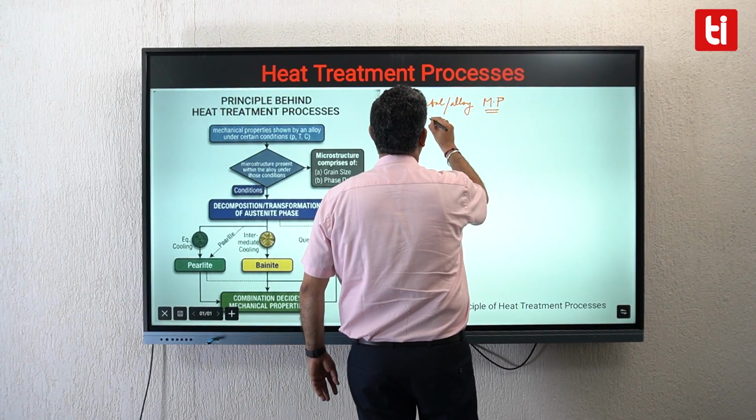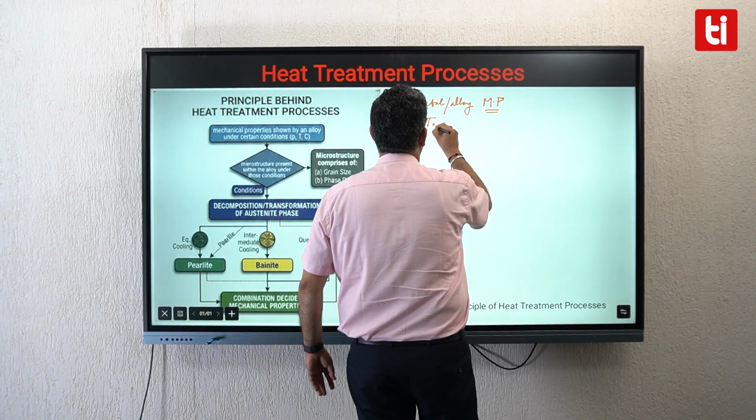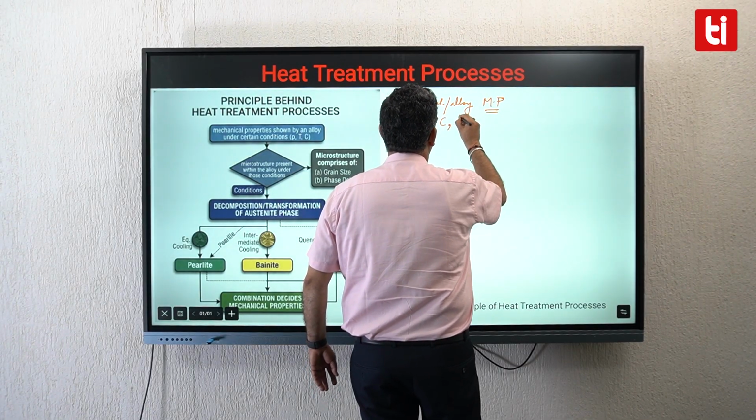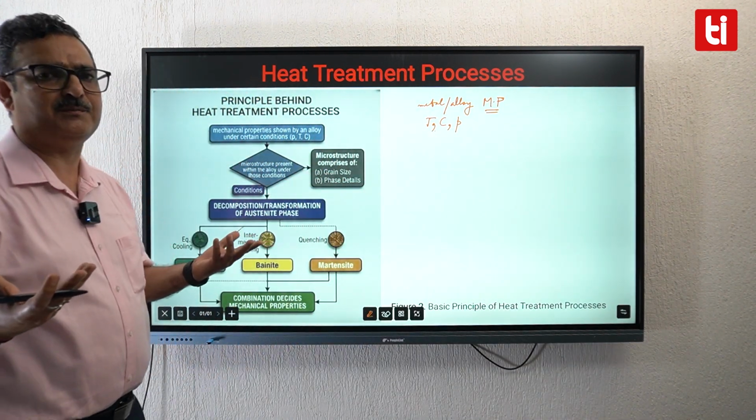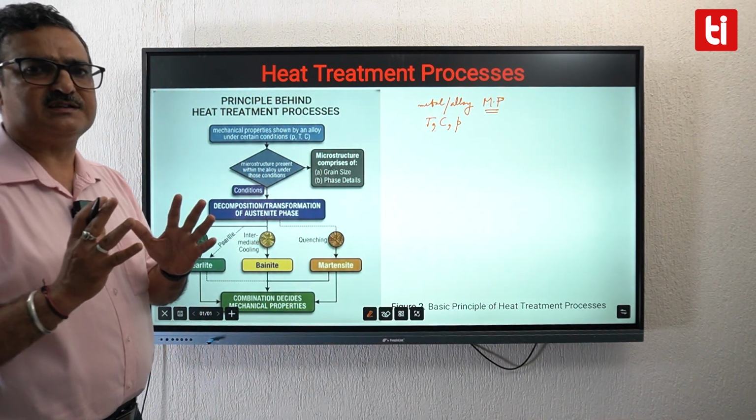And what do conditions mean? It would be at some temperature, the material system would be of some composition, the material system would be subjected to some pressure. Pressure generally is atmospheric pressure until and unless some specialized things are being done.